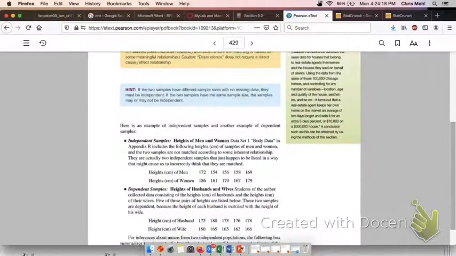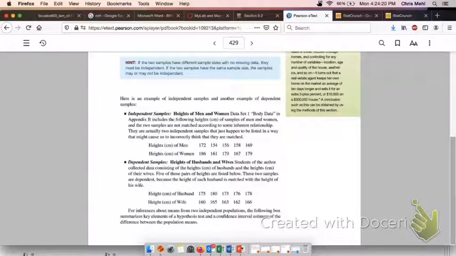First of all, this is on page 429, as you can see. There's an example of independent samples at the bottom of the page, and there's an example of dependent samples. The independent sample is the following heights of samples of men and women, and the two samples are not matched according to some inherent relationship.